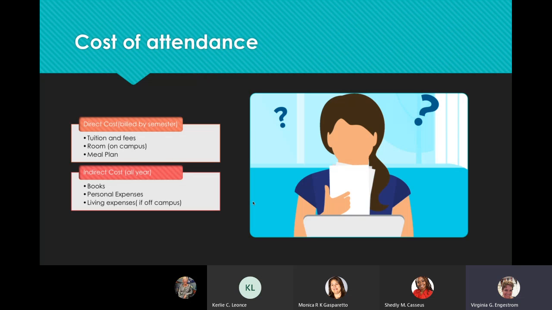And there is the indirect cost, and those are books that you may buy, borrow, or rent. Those are personal expenses and living expenses if you live off campus. So the indirect cost is very personal, and it will be very different from one person to another. But the direct cost will be similar.